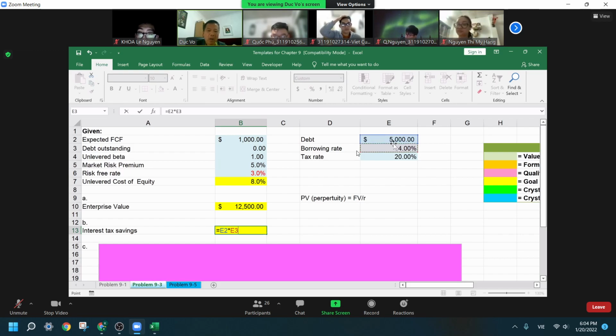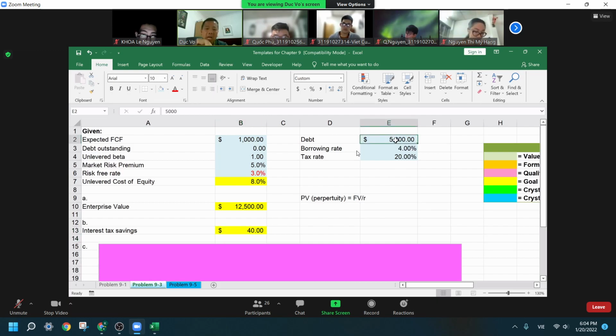And then you times the tax rate, that provides you the ITS, the interest tax saving. I say again: debt times borrowing rate, or interest rate, gives you the interest expense. And then you times T, it gives you the interest tax saving, or the ITS.